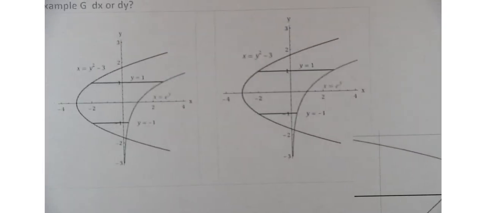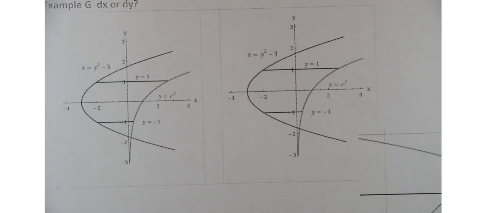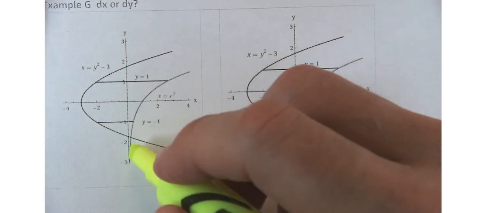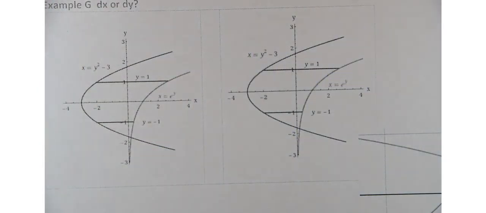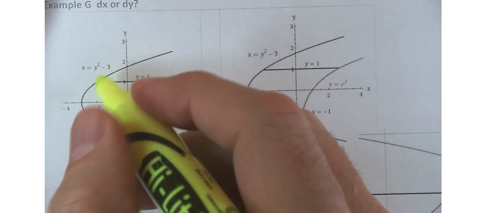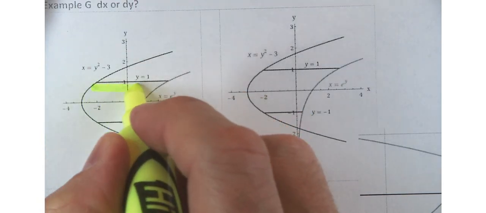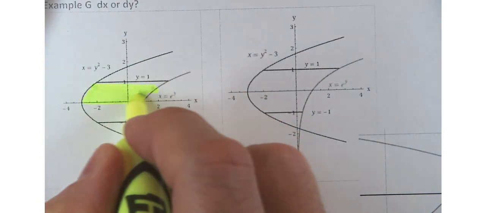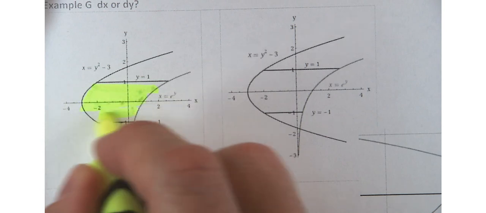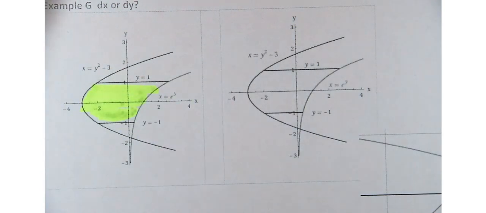So this time we've got a couple different functions. X equals y squared minus 3, and x equals e to the y. So that x equals e to the y term is going to be this function right here. We want to find this area. If you take a dx slice, then you're going to run into problems.